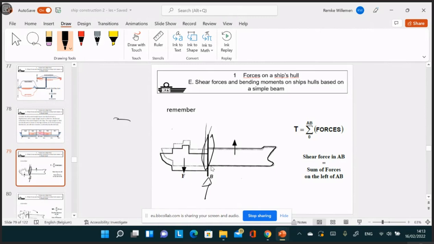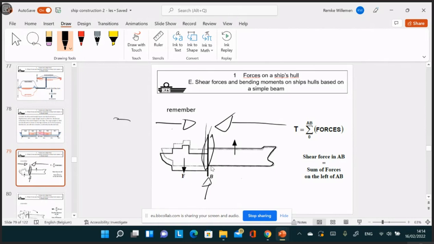What are the shear forces at AB? The sum of all the forces acting upon the beam, either calculated from right to left, or you can just turn your back and calculate it from left to right. Again, the value will be exactly the same as with the calculations we did before with the simple beam. It's just the sign which might be different depending on your sign convention. But for the rest, it's exactly the same.